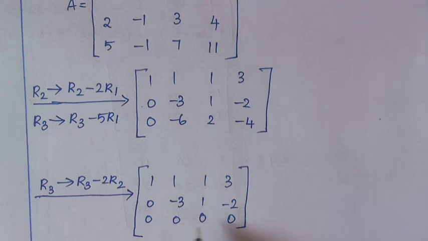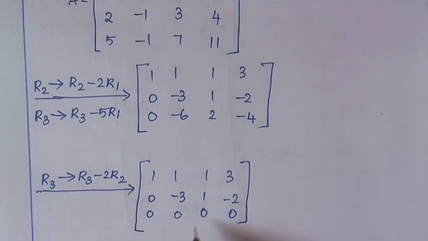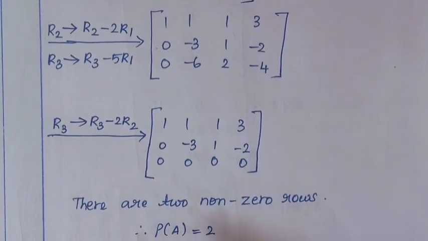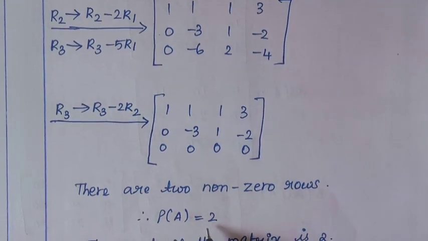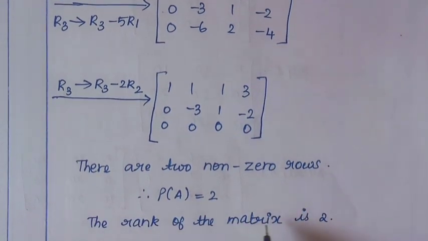So we have made the third row completely zero, right? Then how many rows are non-zero? 2 rows. So there are 2 non-zero rows. Therefore rank of A is equal to 2. The rank of the matrix is 2. That's all. We have completed question number 5.